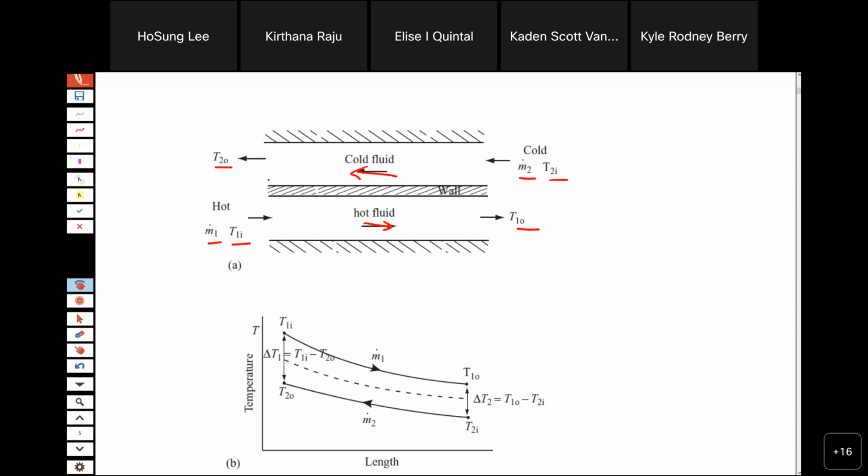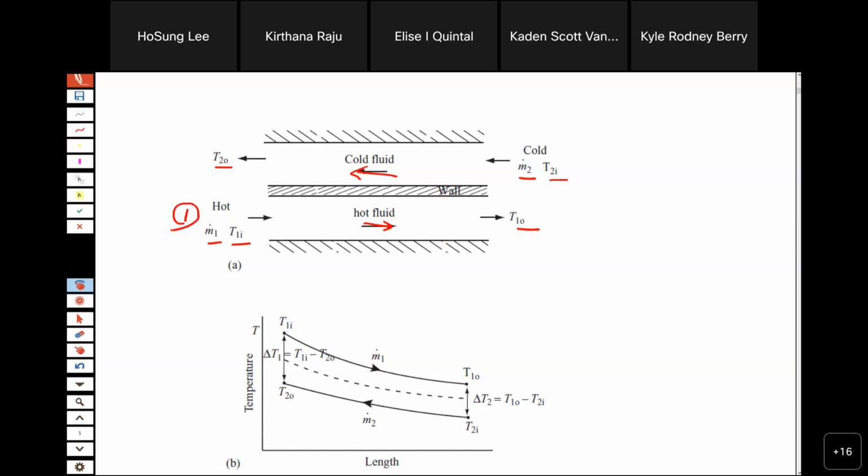But keep in mind, once you are in the middle of computation, it gets very complicated. Fluid 1, fluid 2, which one is which? If you mess up, it's a disaster.